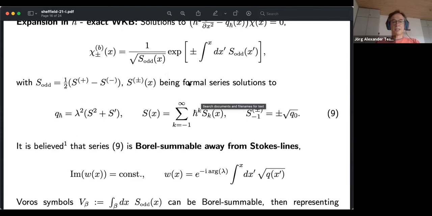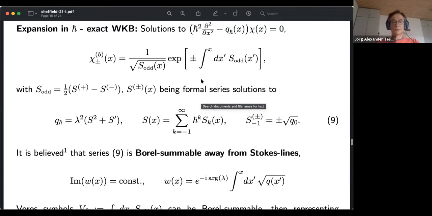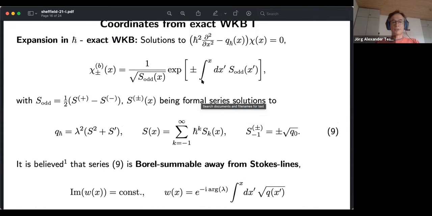Okay, but in any case, how does it work? There is no problem to begin with to play the standard game of WKB analysis. You make an ansatz for the solution to this differential equation of the following form.